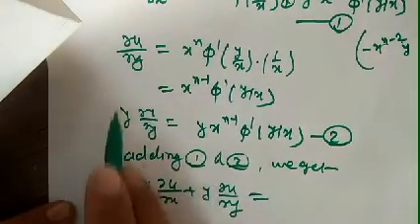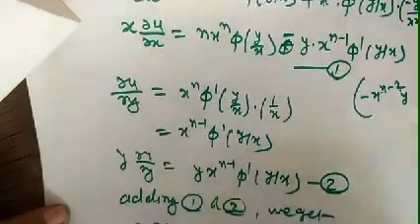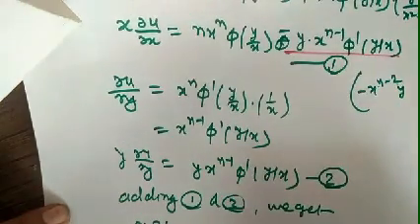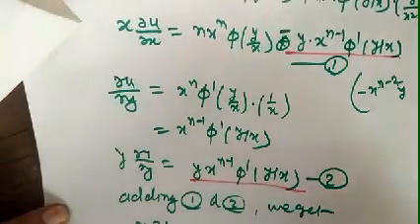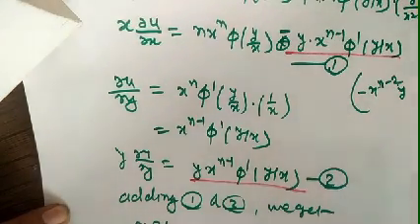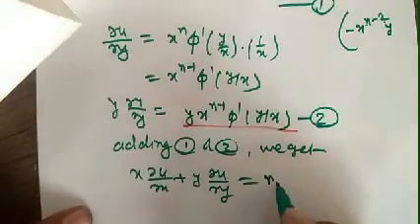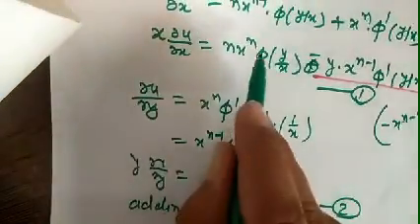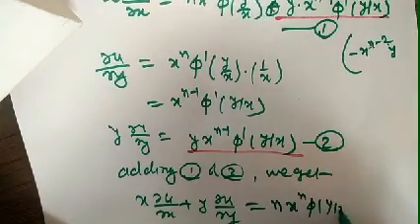Adding 1 and 2, the RHS is as here: this is your minus y into x raised to power n minus 1, and this is your y into x raised to power n minus 1 into phi dash of y by x. These terms get cancelled, and the remaining term is n into x raised to power n into phi of y by x.